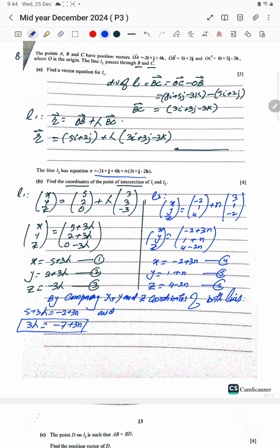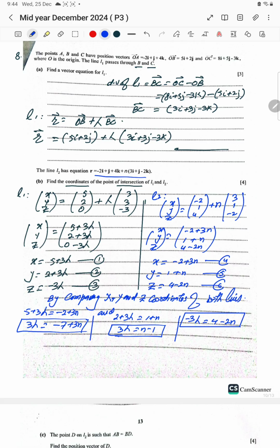When we compare the y coordinates, we get 2 plus 3 lambda equals 1 plus n, so 3 lambda equals n minus 1. We don't need the third one, minus 3 lambda equals 4 minus 2n, for now.